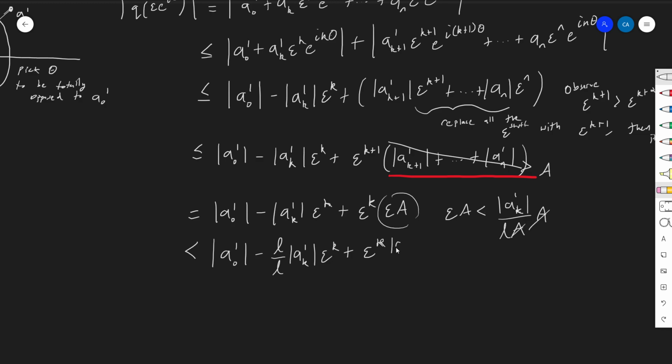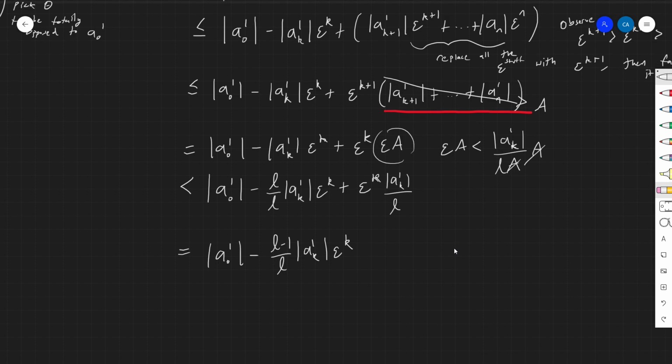I just have absolute value a sub k prime over L. And so I can pull out the epsilon to the k, a sub k prime that's in both these terms, and this is equal to a sub 0 prime minus L minus 1 over L times a sub k prime times epsilon to the k.